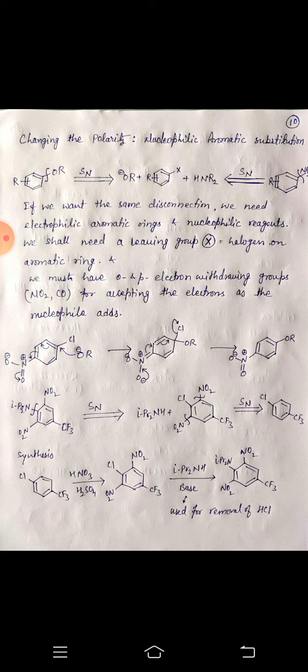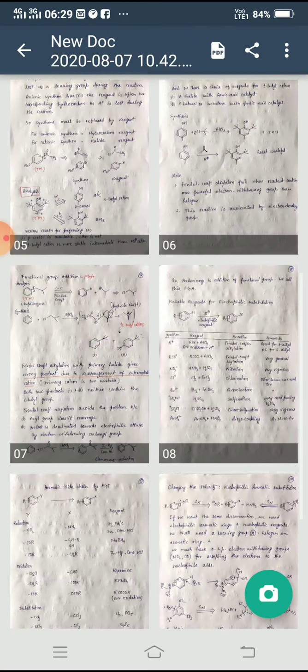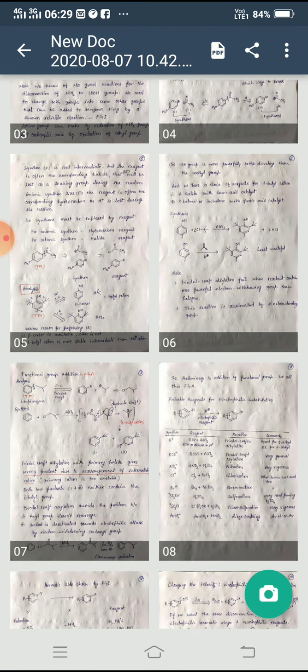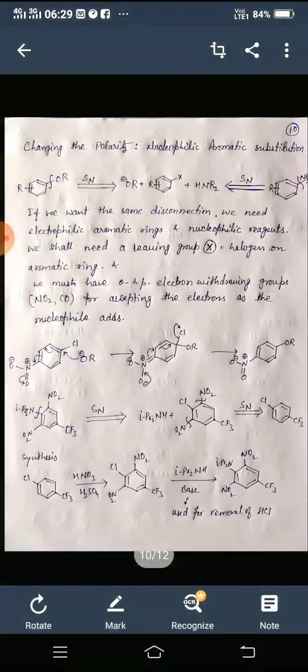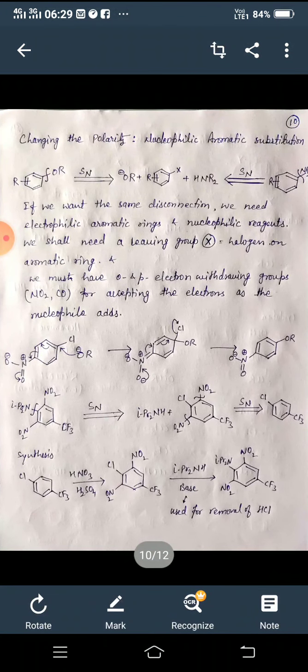CO bond. Here is the target molecule, two NO2 groups and one isopropylamine and one CF3.